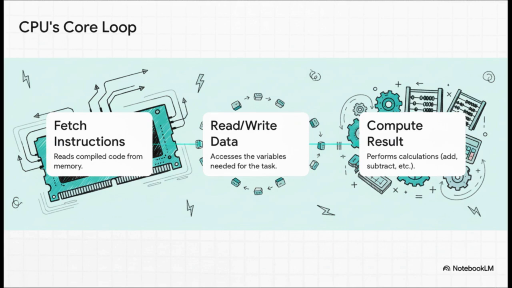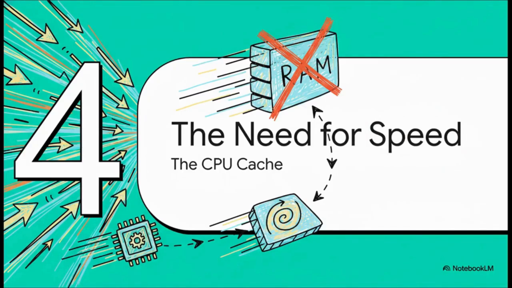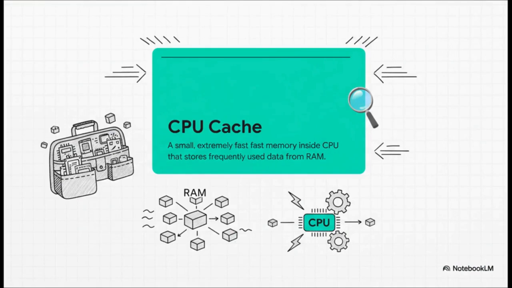It's insane. But here's where it gets really interesting. CPUs have become so ridiculously fast that now even waiting for RAM, which we just said was super fast, is too slow. The CPU is sitting around tapping its fingers waiting for data. It's become a bottleneck, so it needs an even faster shortcut. And that's where the cache comes in. The best way to think about this is like the CPU's own personal tool belt.